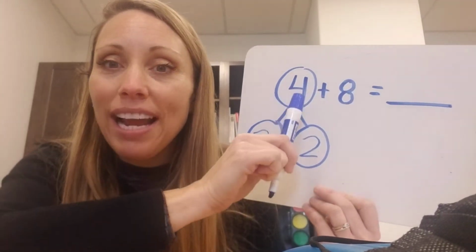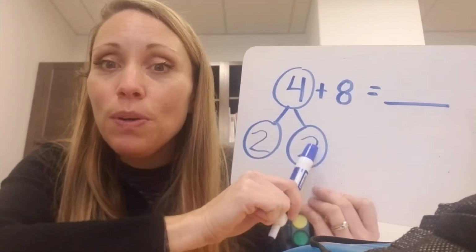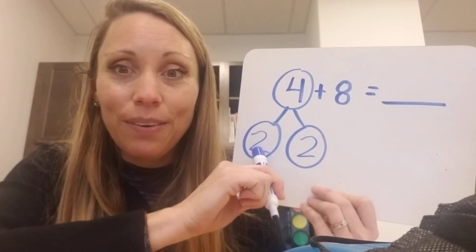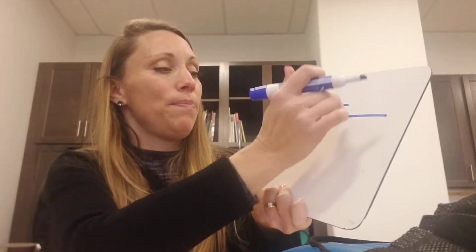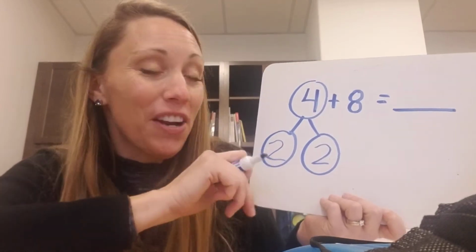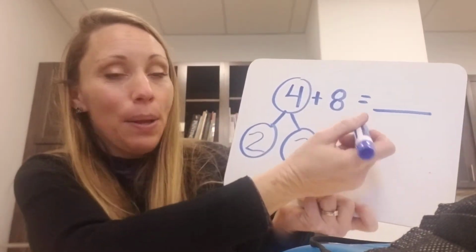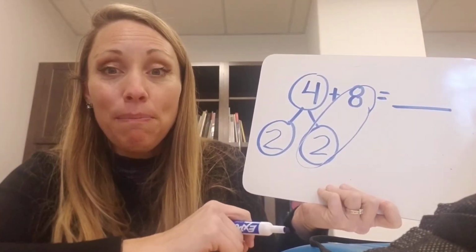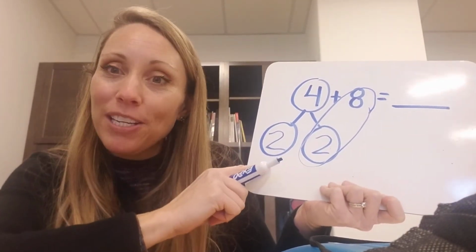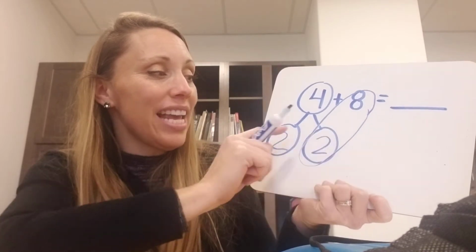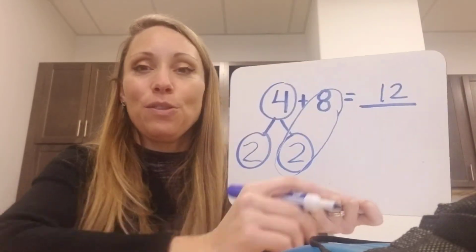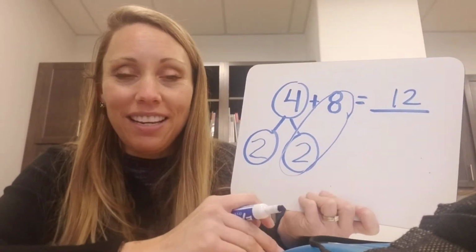That's why I've split 4 into 2 and 2. Sorry, let me finish, then I'll tell you one other thing about this. Now that I've split it, look, my 8 and my 2 make 10, and all I have is my 2 left over. So I know that 10 and 2 is 12, and so is 4 plus 8.